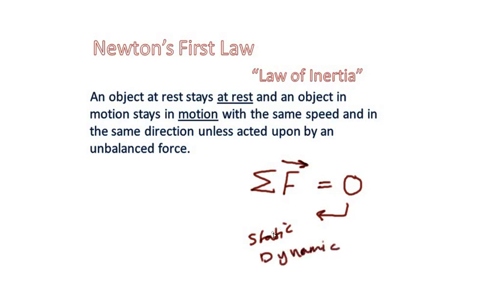The object is at static equilibrium when it is at rest, and it is at dynamic equilibrium when it's moving at constant velocity. Same speed and same direction all the time. So we can apply this formula when the object is at static or dynamic equilibrium.